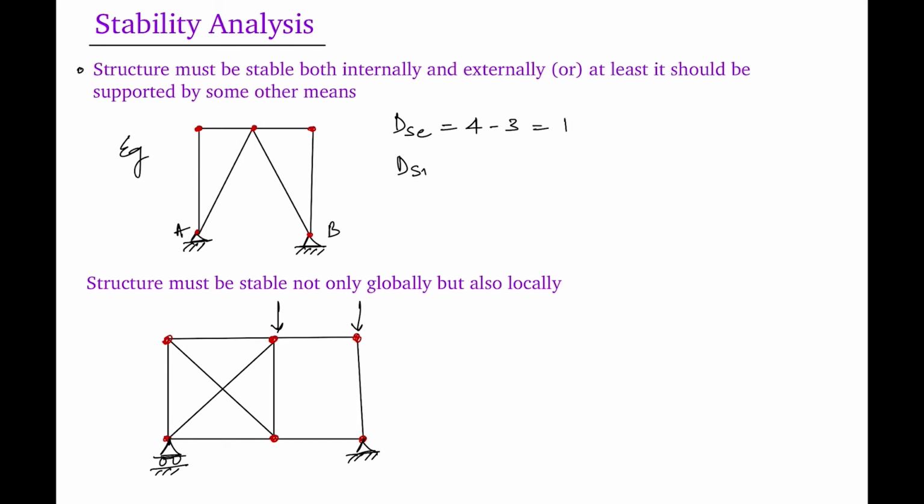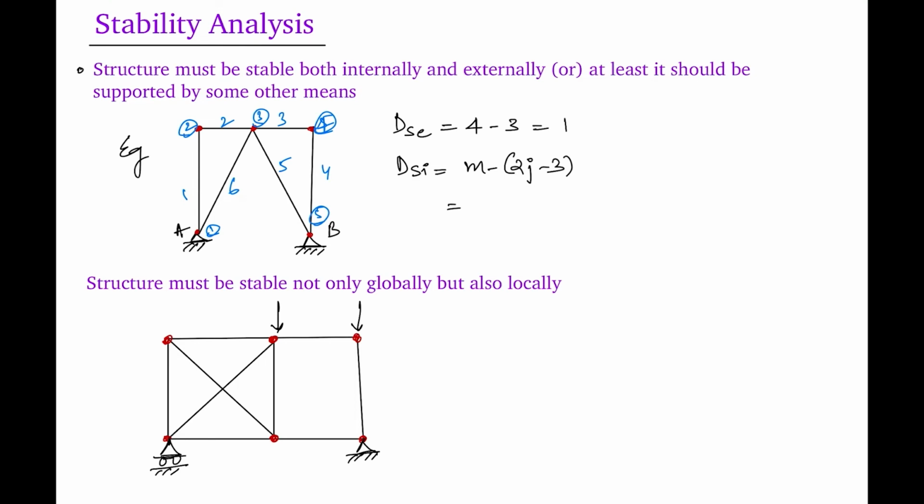For the degree of internal static determinacy, we have the formula m minus 2j minus 3. The number of members are 1, 2, 3, 4, 5, and 6. So the number of members is 6 and the number of joints are 1, 2, 3, 4, and 5.